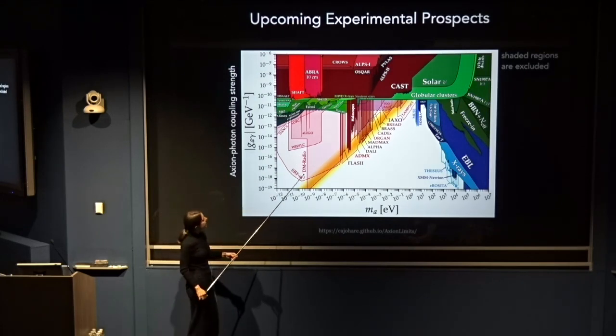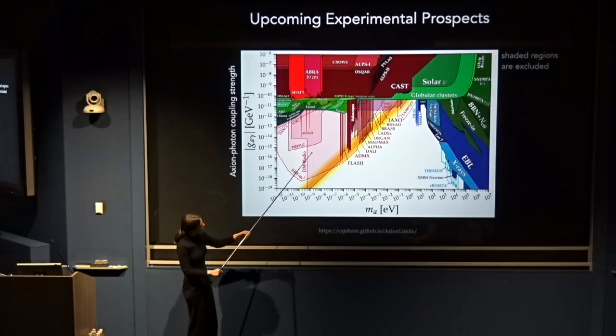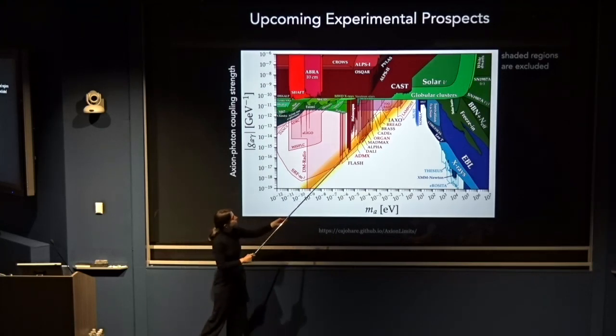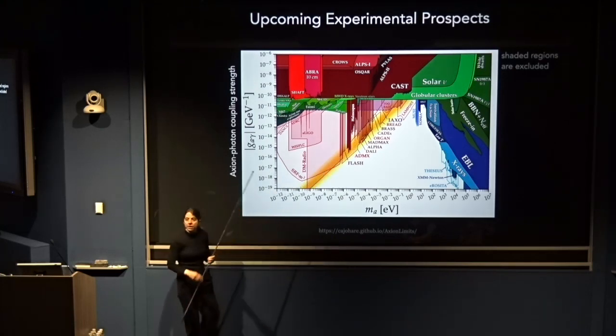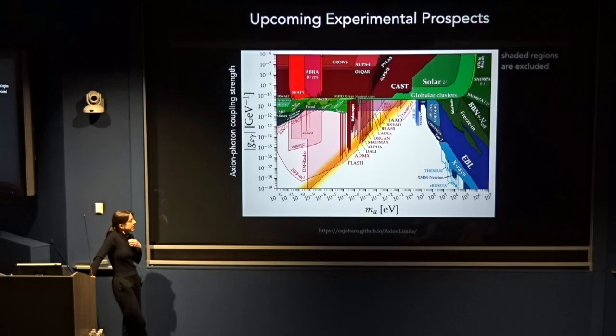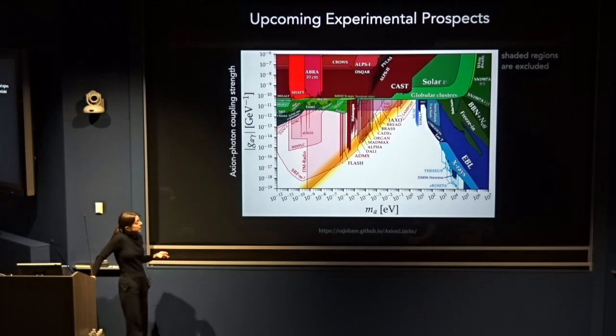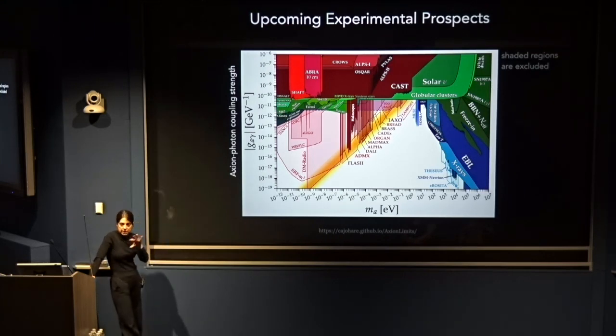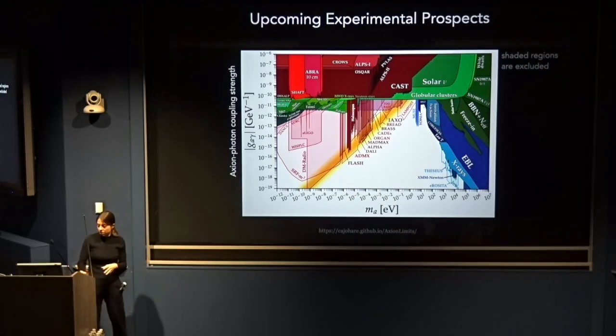What's really heartening to see is that a lot of these end up covering almost the entirety of that range. So we are at a point in time where, over the next decade or more, we have the technology to search for these kinds of wave-like dark matter particles here on Earth and really test some of the most well-motivated candidates in this regime to answer some of these key questions in particle physics.